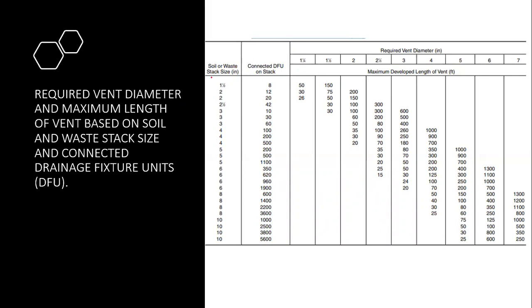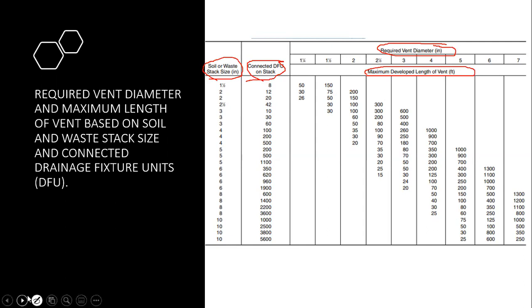The soil or waste stack size is 4 inches. Connected drainage fixture units on stack. Required vent diameter in inches. Maximum developed length of vent in feet.